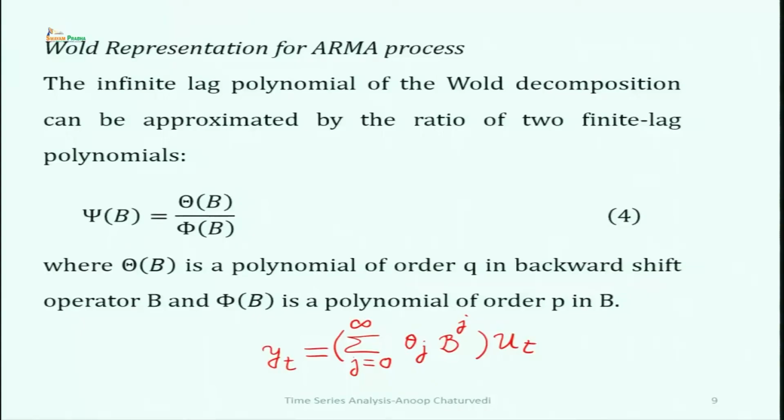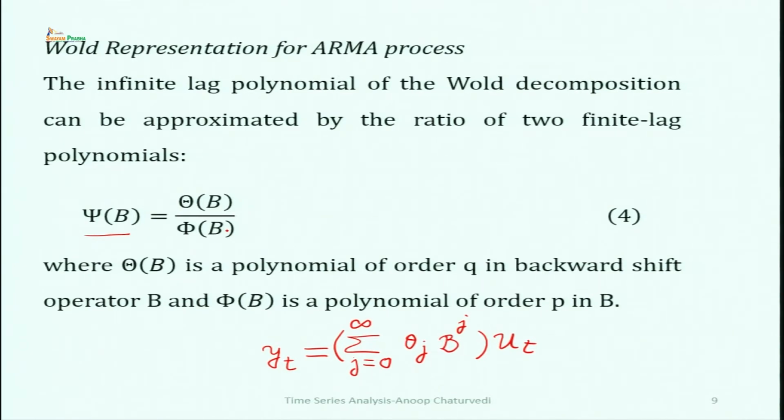So, here I have slightly changed the notation, and I have represented this infinite polynomial by psi B, and then you can write this psi B equal to theta B upon phi B. Both theta B and phi B are polynomials of finite order.